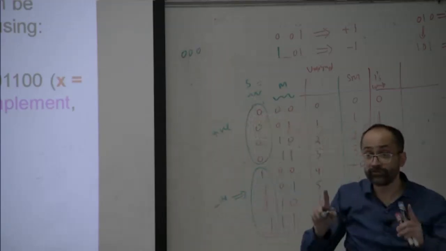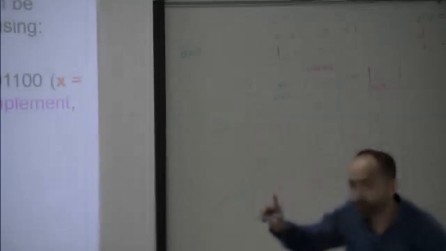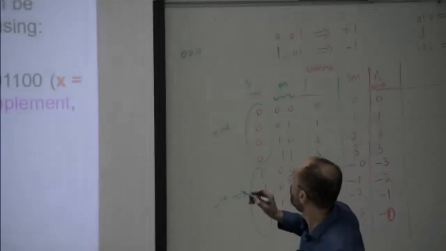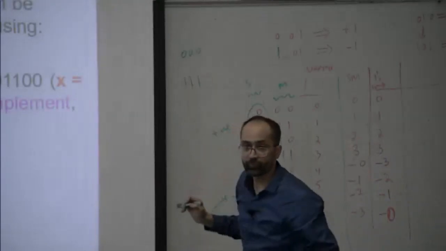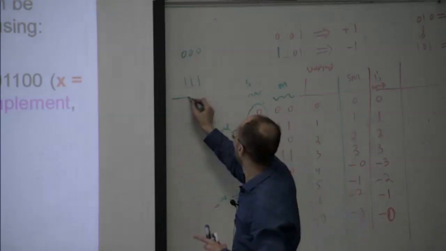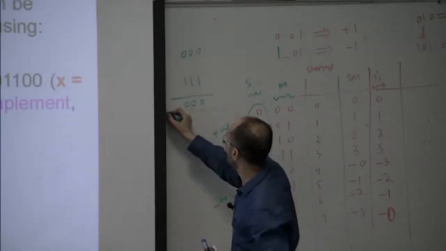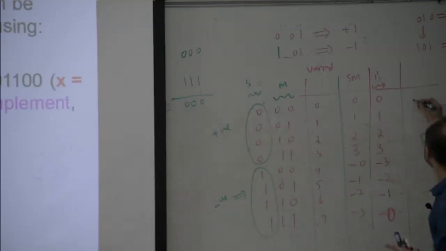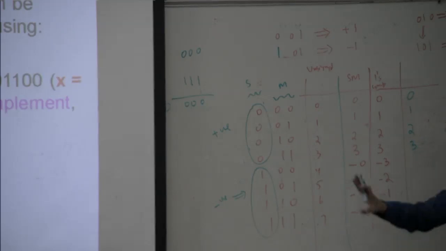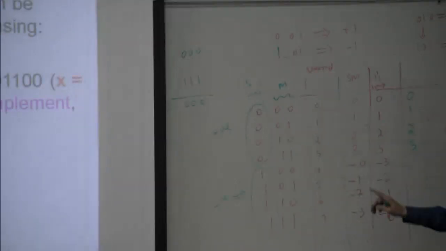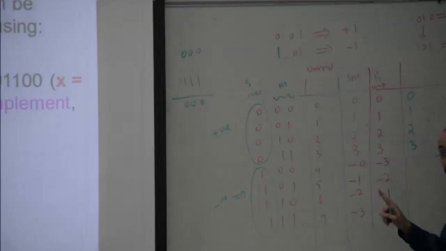How can we take the 2's complement? First, we need to compute the 1's complement. What is the 1's complement? 1, 1, 1. And then we add 1. 0, 0, 0, 0. And 0 is both. So actually, this is 1, this is 2, and this is 3, because these are positive numbers. For positive numbers, we don't care.